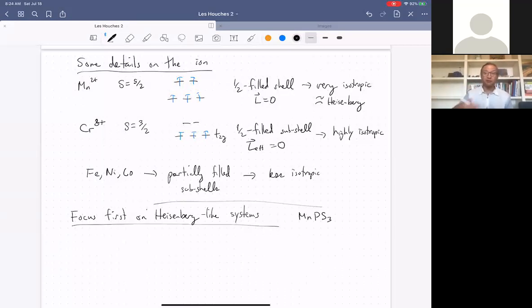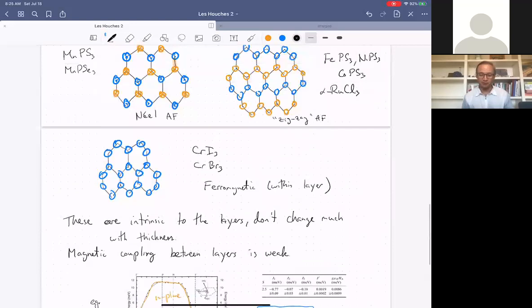Anytime we discuss this sort of magnetism of these 2D materials, again, because there's a strong intrinsic magnetism in the material, and generically in these van der Waals materials, the coupling between different layers is weak, our description has to start with an understanding of the correlations between spins that are generated by intrinsic properties of the layers. That means the description will be rather different for 2D materials with different types of magnetic order.